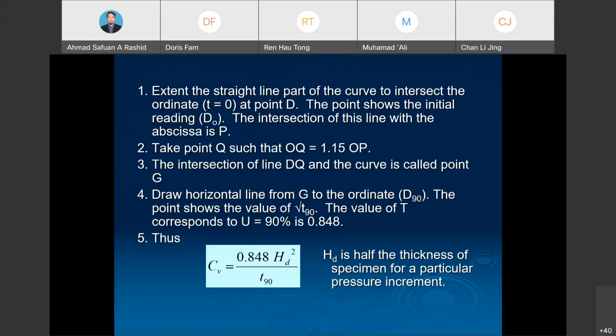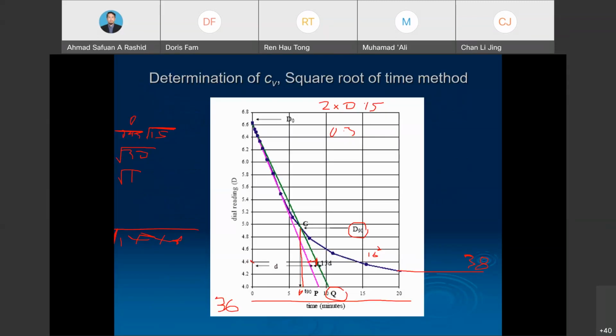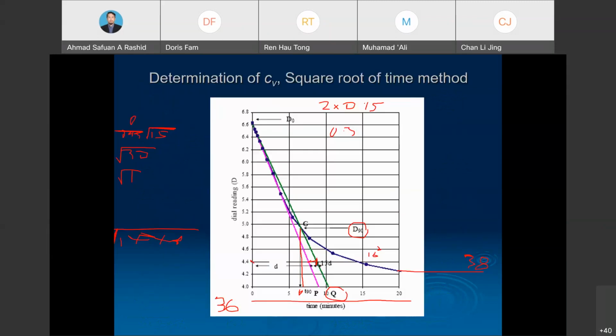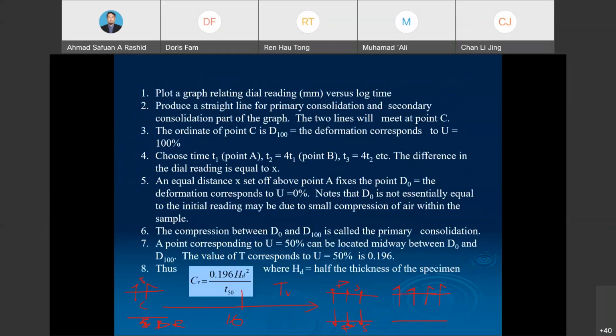So this TV has increased to 0.848, which previously was 0.196, because 0.196 refers to the consolidation under 50%. So that's why this TV is equal to 0.196.